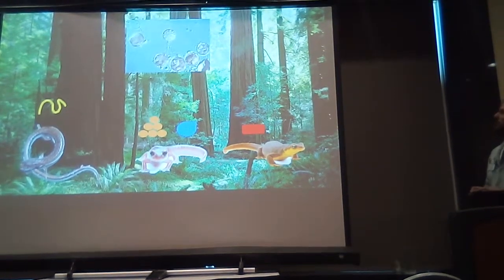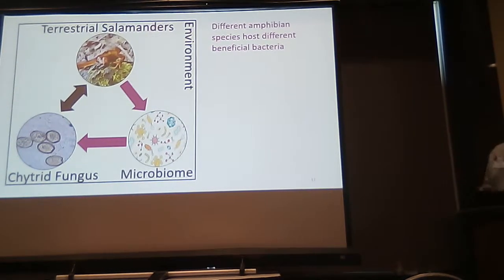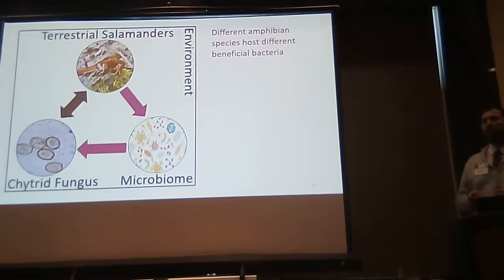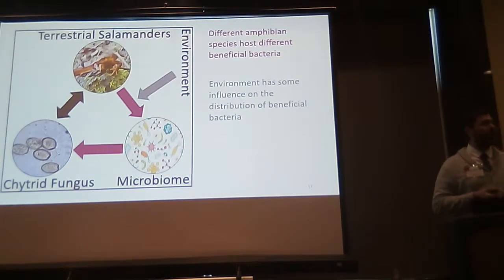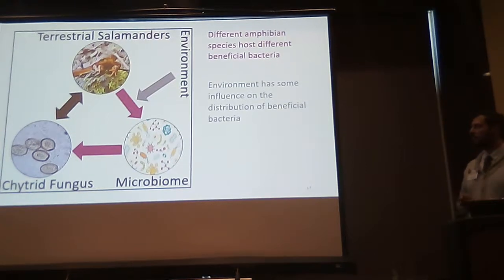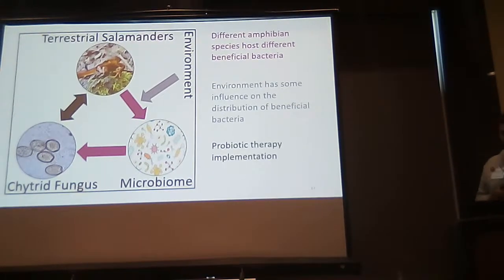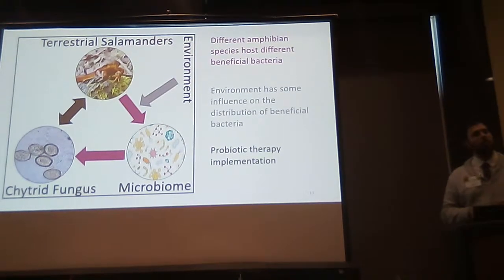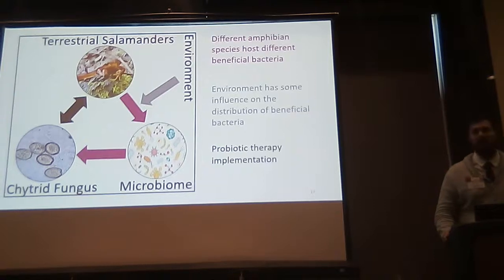susceptibility to the fungus. So just to go back to the questions, we know that different amphibian species tend to associate with very different antifungal communities. In addition, environment has some effect, but not as strong as the species. And I think this is super cool and super important because right now there is a big push to develop probiotic therapy.